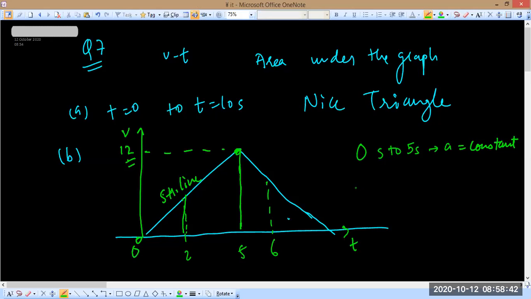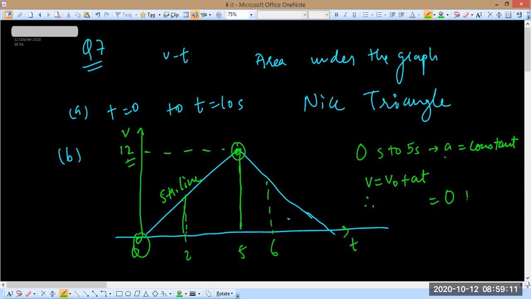So if we find the acceleration, we can find the displacement very easily. So listen to this carefully. Because acceleration is constant, if we use v equal to v0 plus at, initial 0 seconds, so 0 velocity, final, let's say over here, right?